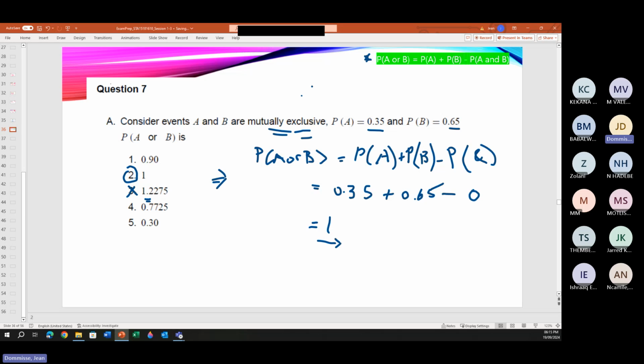So just be, again, on the lookout. Here they told us that it is mutually exclusive. So by seeing that it is mutually exclusive, the A and the B is equal to 0. So just that is what they tested in this one.